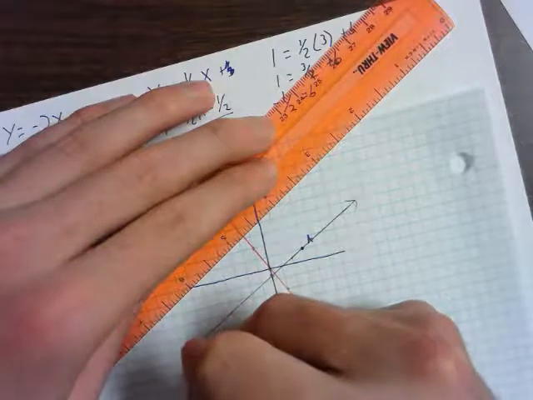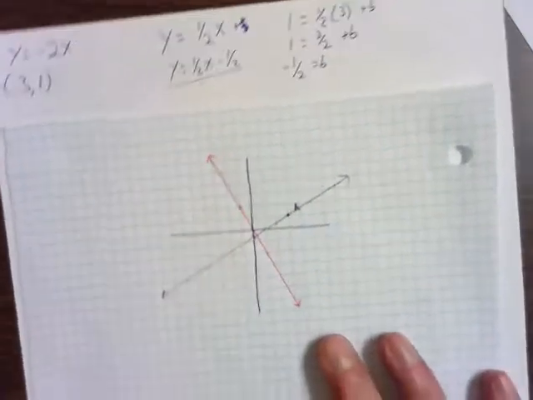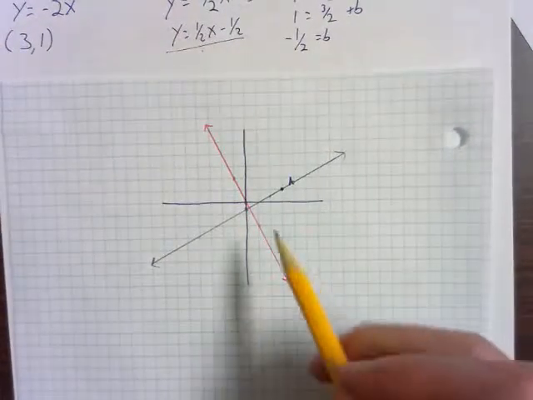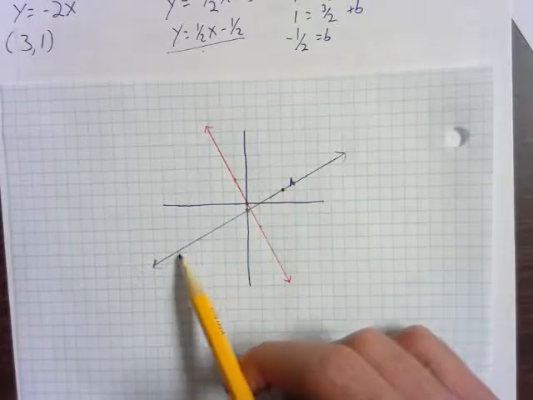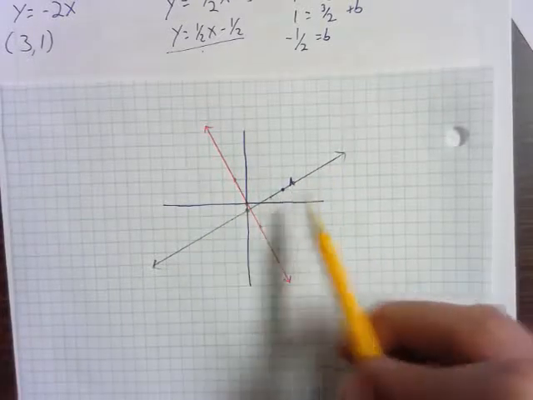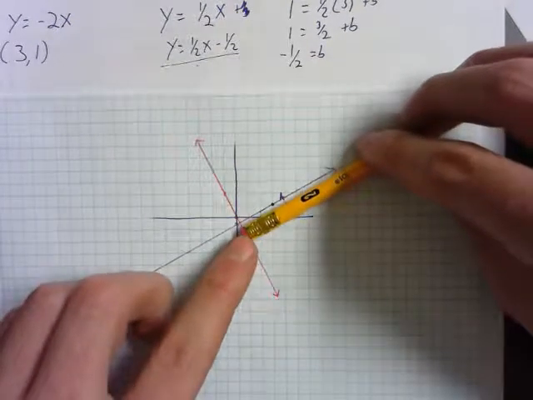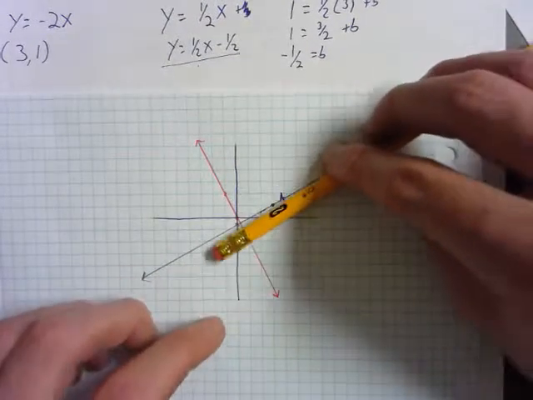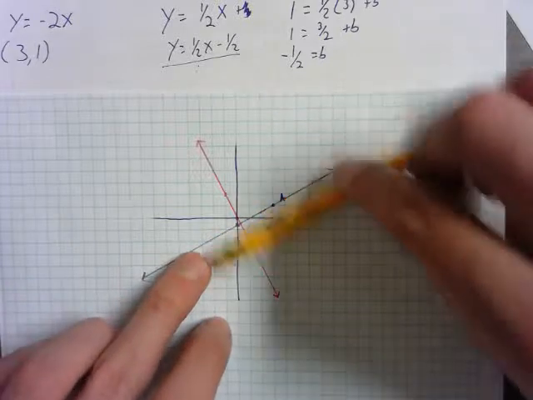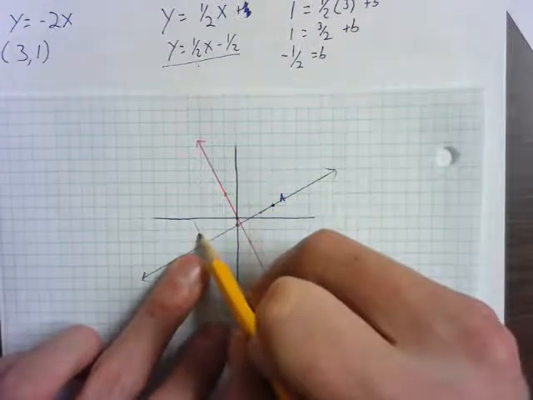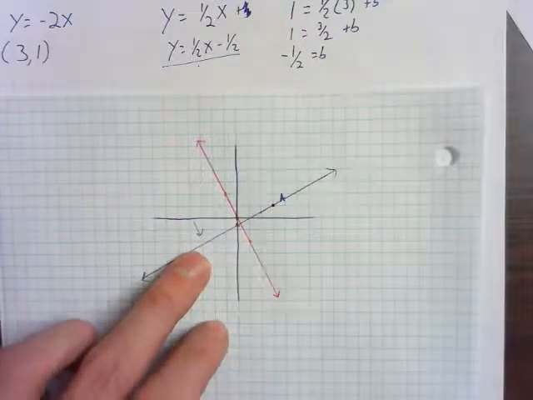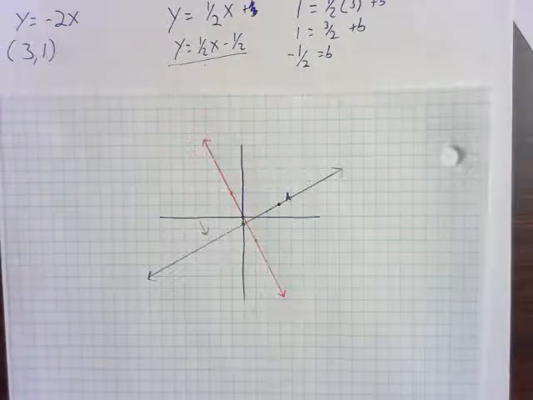Okay, so my point is going to be on this pencil line here. Okay, and if I measured, I'll just use my pencil here. It's about where the metal ends, so it should be around here somewhere. Okay, that's a general idea of where it should be, but we need to find the exact point.